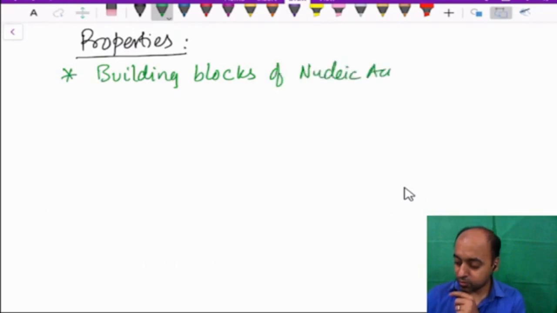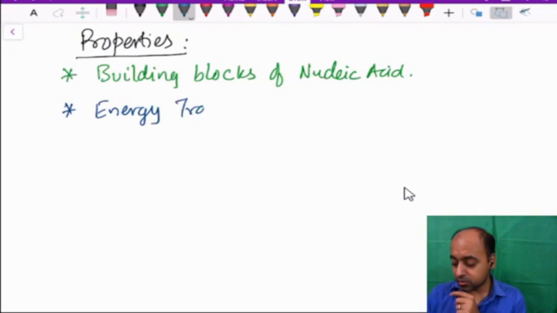You already know this is the most important property of the nucleotides. They are the building block of nucleic acids, but besides that they also act as energy transducers.